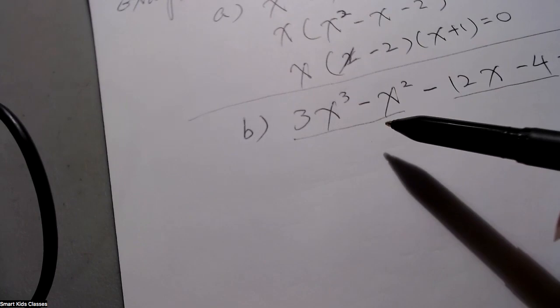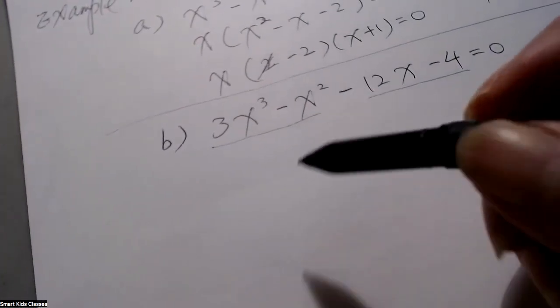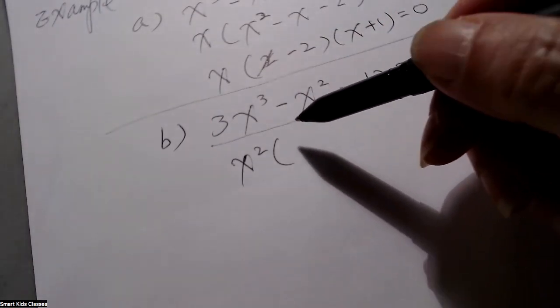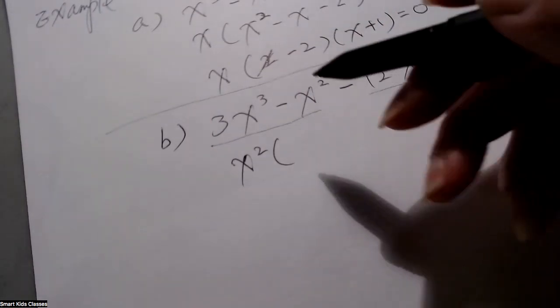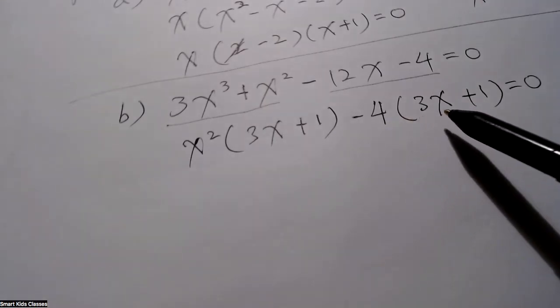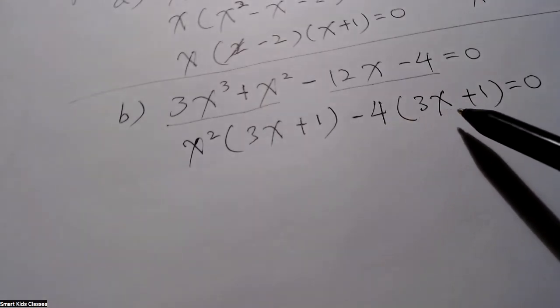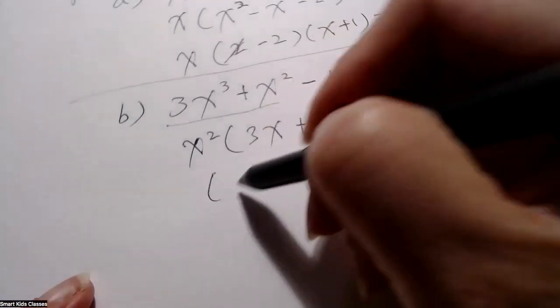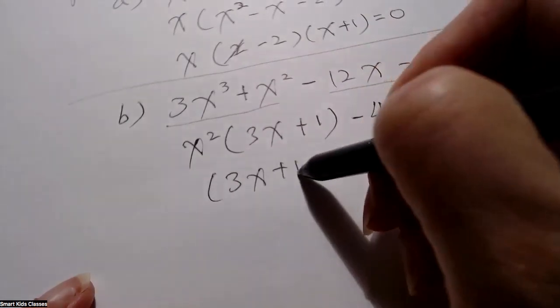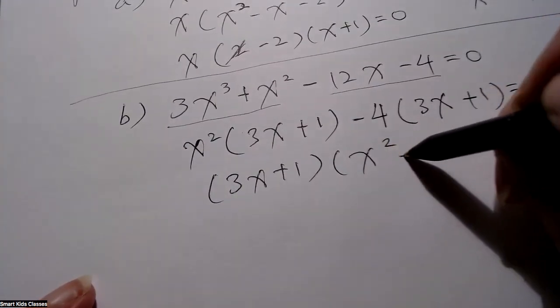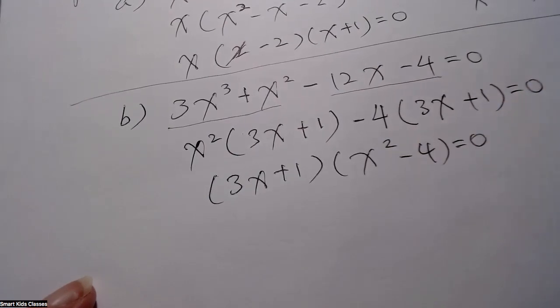We factor x squared from the first two terms, and we have 3x minus 1, minus 4 times 3x minus 1. The common factor is 3x minus 1. So we have (3x minus 1) times (x squared minus 4) equals 0.